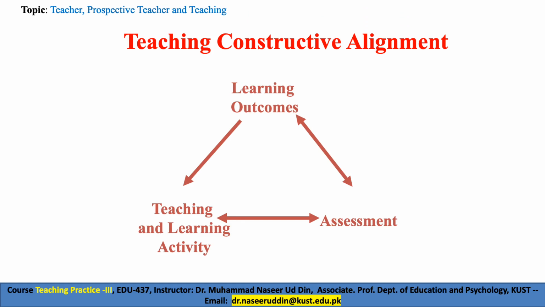First, the teacher presents the learning outcome to students, and then in the light of the learning outcome, the teacher teaches and develops the activities about teaching and learning in the spirit of the learning outcome. And finally, the teacher assesses their students on the basis of the learning outcome.